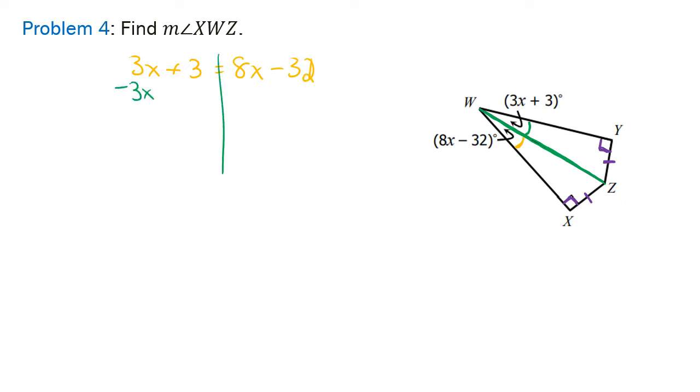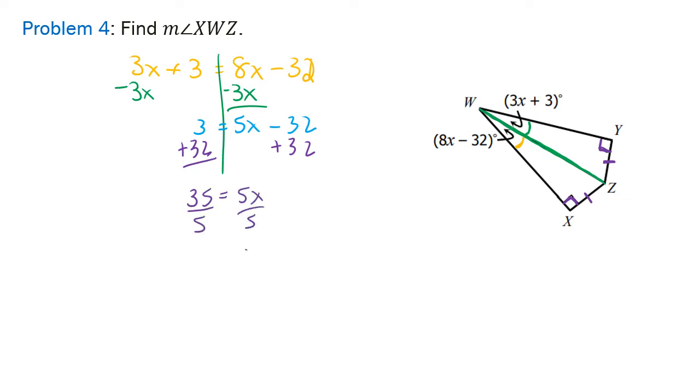I'm going to subtract my 3x over. I'm going to get 5x. I'm going to add the 32 over. I'm going to get 35 equals 5x. Divide by 5. X is 7. And since they want the measure of angle XWZ, they're talking about this one that you need to plug into.